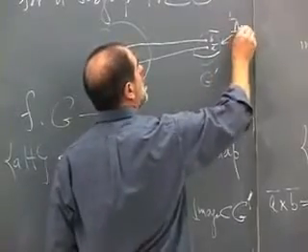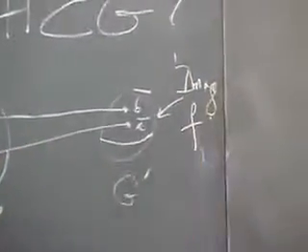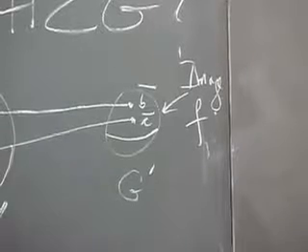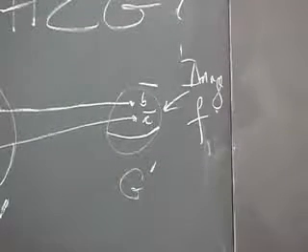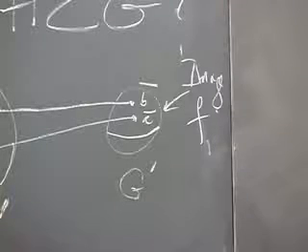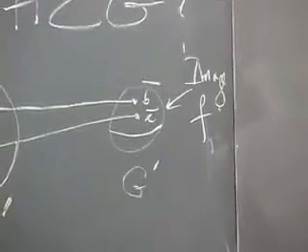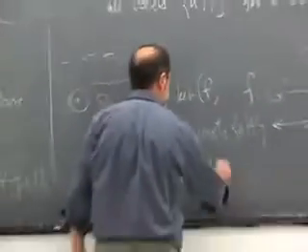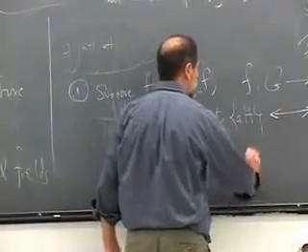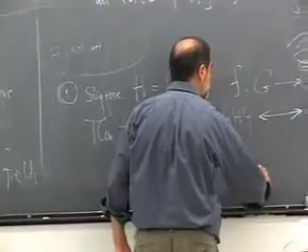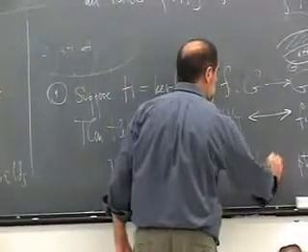Image of F. And the image of a homomorphism is what? Among other things, it's a subgroup. The image of F is a subgroup. It's stable under multiplication in G prime.